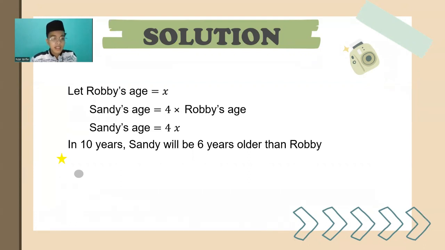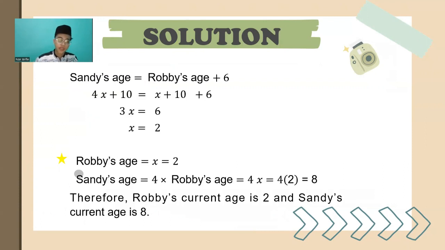In 10 years, Sandy's age is Robbie's age plus 6. We know Sandy's age is 4x plus 10, and Robbie's age is x plus 10, plus 6.